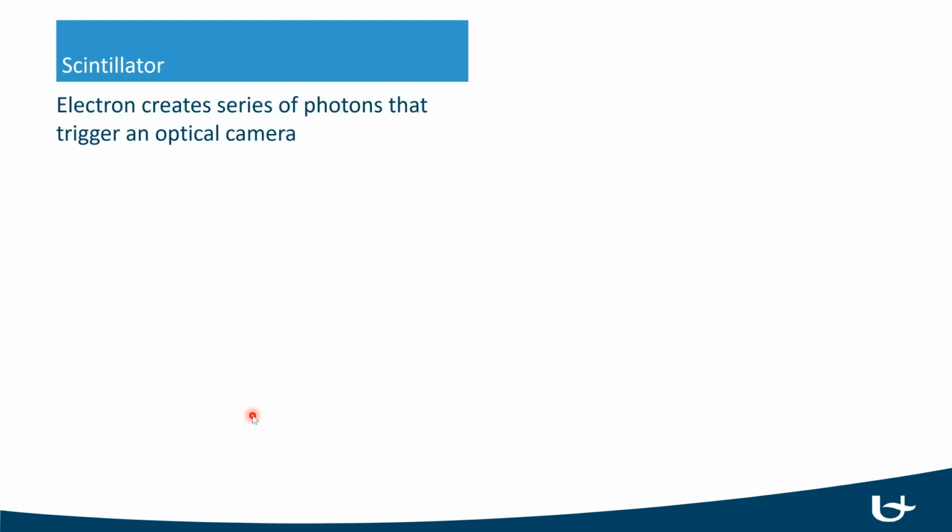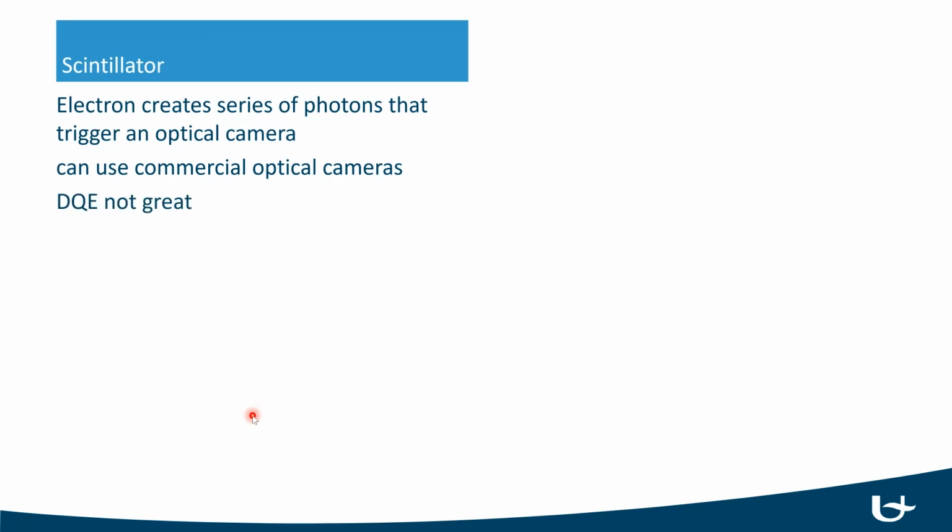In a scintillator, you have a layer of material where an electron hitting it causes inelastic scattering. It excites atoms inside that layer, and these atoms de-excite and emit photons, and these photons then travel to an optical camera. The nice side of this is that you can basically use a commercial optical camera. You just stick a scintillator in front, and in a way you can make an electron camera like that.